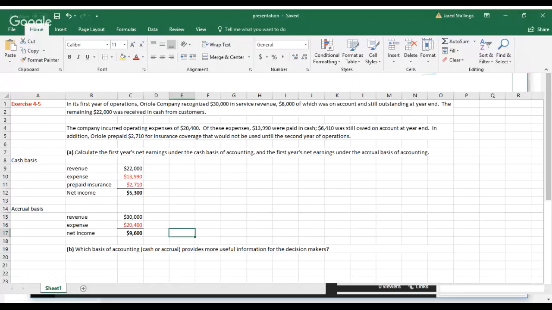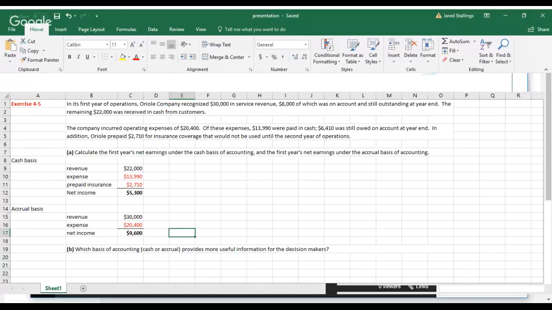I like to format my cells to be red and black based on if they're positive or negative. So these red ones are negative. That just makes the auto sum work a lot better. So we have $22,000 in cash revenue, and down here in the accrual area, we have $30,000 in actual revenue that we provided services for.